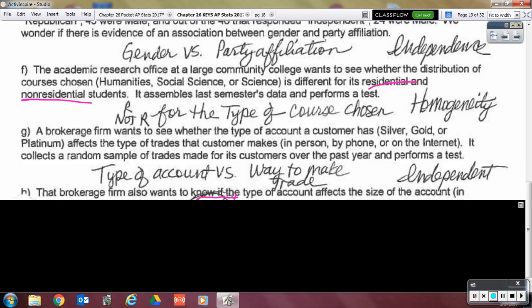The brokerage firm also wants to know if the type of account affects the size of the account in dollars. So if I'm talking about the size of the silver accounts and the size of the gold accounts or whatever, how would that be handled?